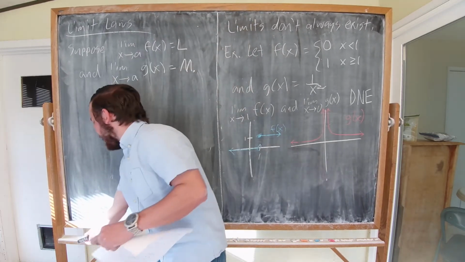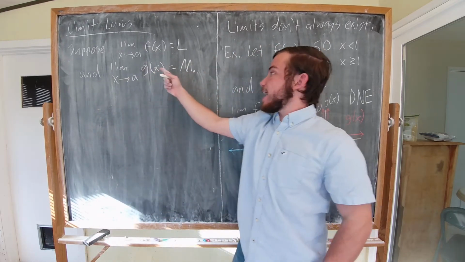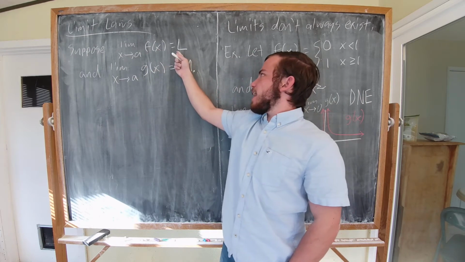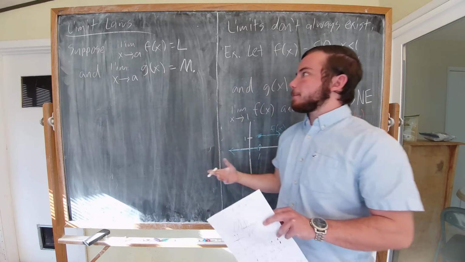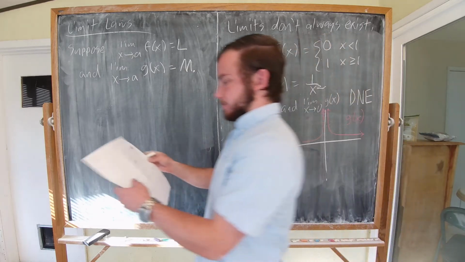Okay, so we have two functions, f and g, and as x gets really, really close to a, the limit for both exists. F of x is limiting to L, g of x is limiting to m. What can we say about different combinations of those two limits?